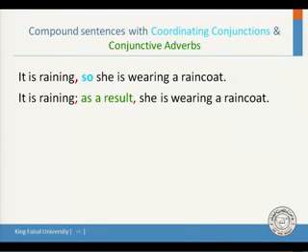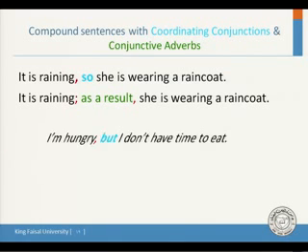It's raining, semicolon. Can you see the semicolon? Not a comma, semicolon. As a result, comma, she's wearing a raincoat. These two sentences have the same meaning. And both of them are compound sentences.